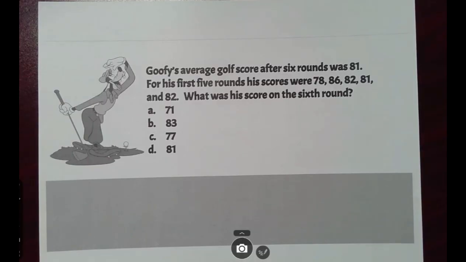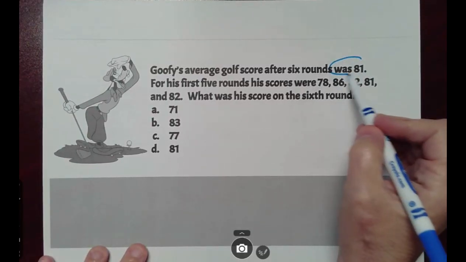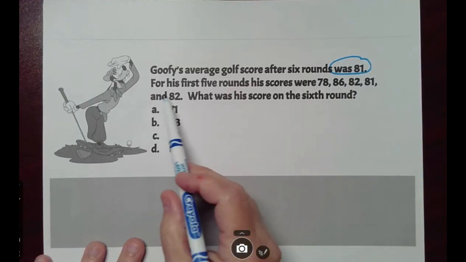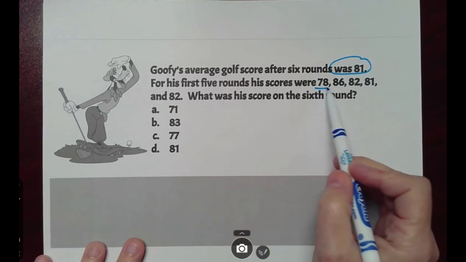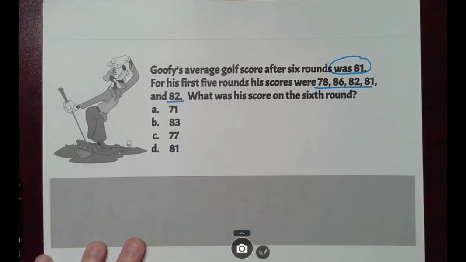So if we look at Goofy's golf average, after 6 rounds, his average was 81. These are the scores for his first 5 rounds: 78, 86, 82, 81, and 82. What was his score on the 6th round?